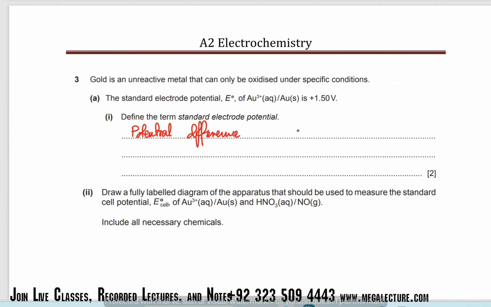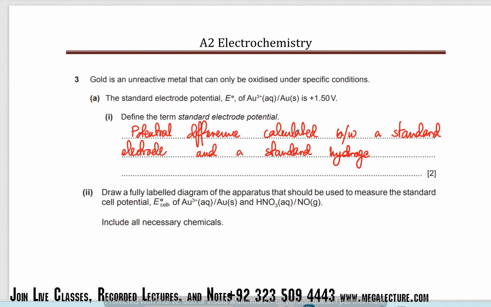So it's the potential difference calculated between a standard electrode and a standard hydrogen electrode, measured under standard conditions. You can add that.